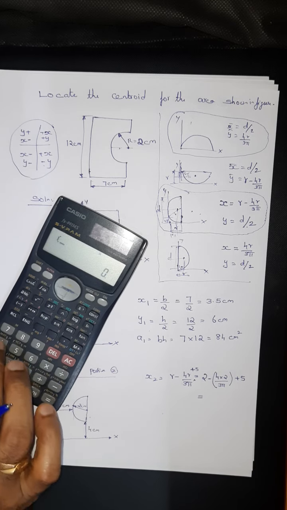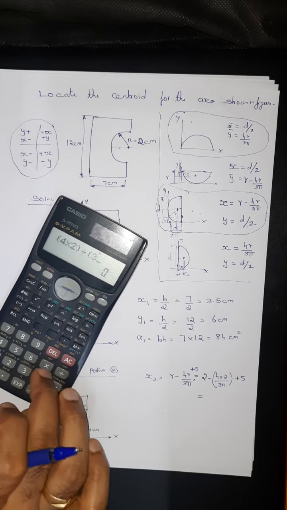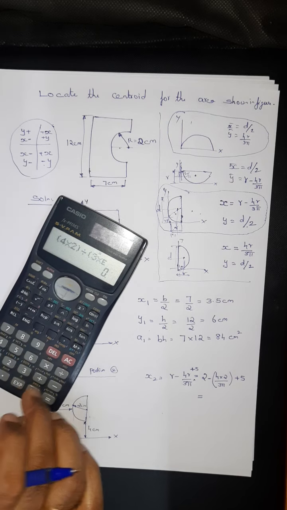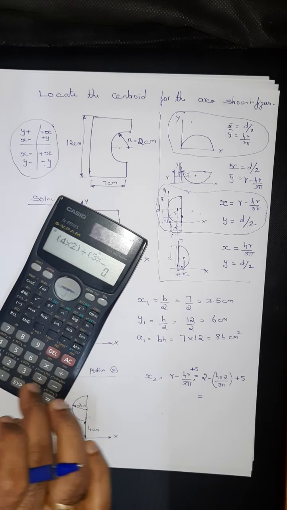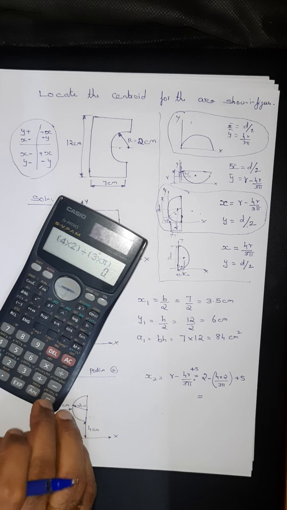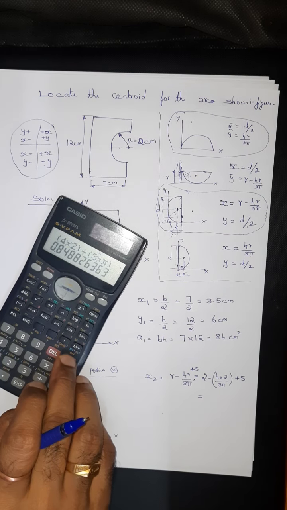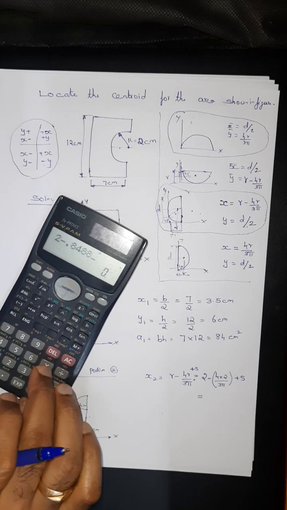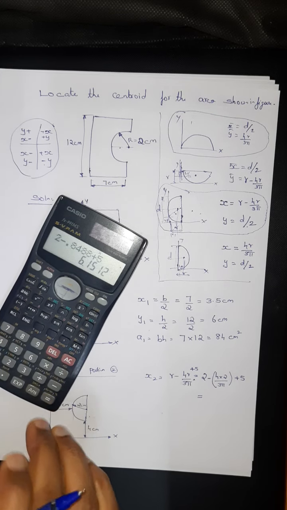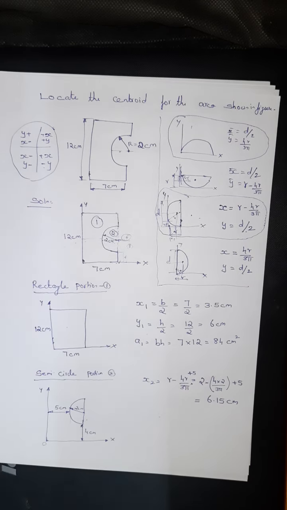So open a bracket, 4 into 2, close it, divided by, open it, 3 into pi, close it, 0.8488, right? Which works out to 6.15, which is in centimeter, right?